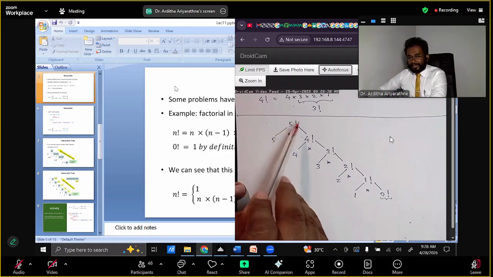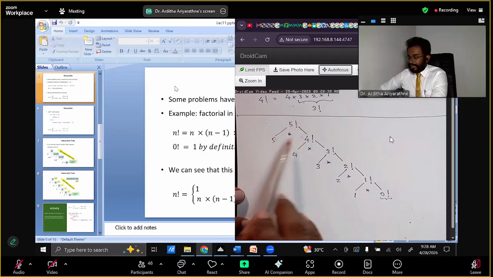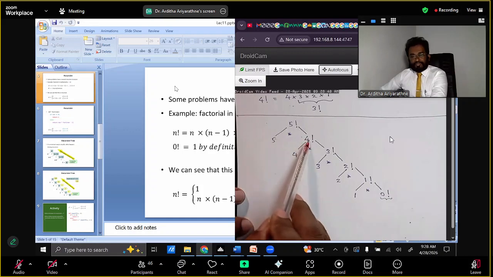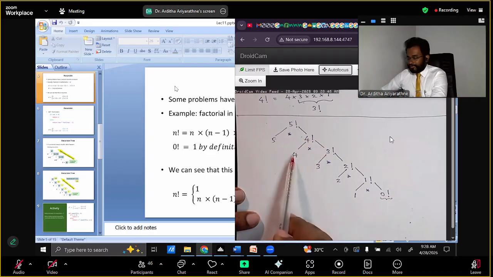This is a little bit complex. Finding factorial 5 is complex, so we go for smaller versions. Here 5 multiplied by factorial 4. Then again we go for a smaller version, 4 multiplied by factorial 3.